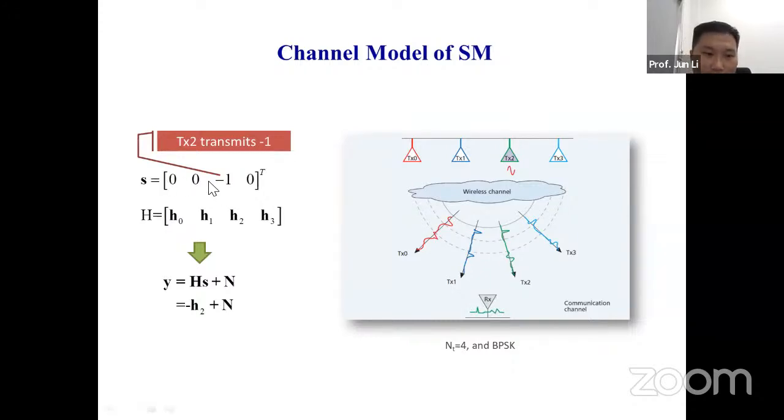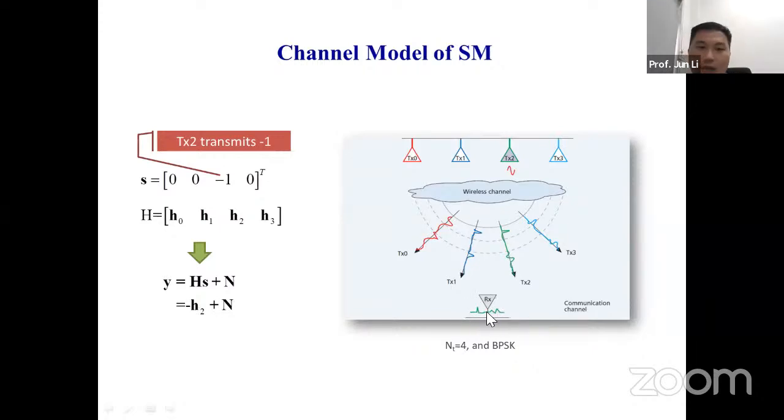So in this case, only this channel will be used. If we multiply the channel matrix and the signal vector, we get minus H2 plus N. So the receiver side will only receive minus H2 plus some noise. If the SNR is high enough, it is only minus H2.